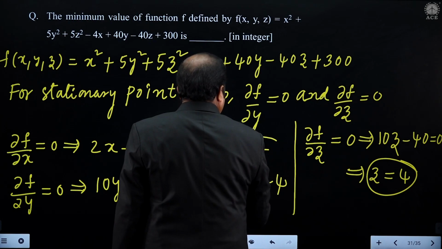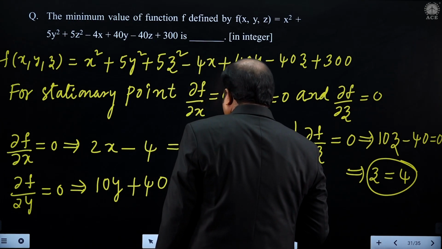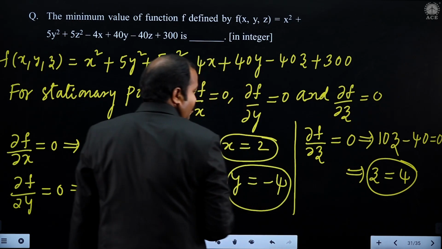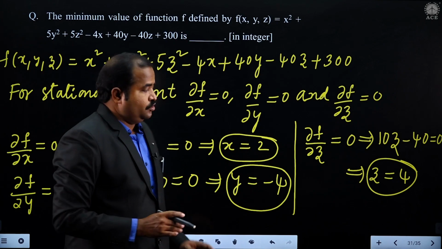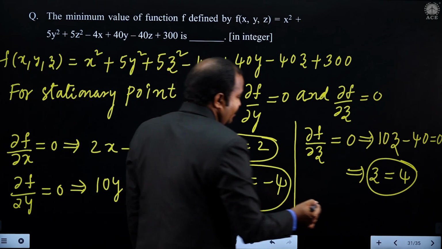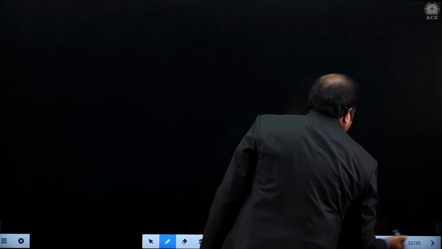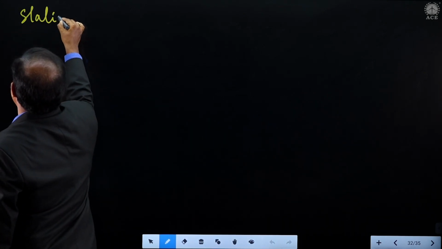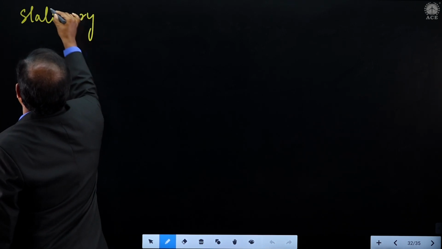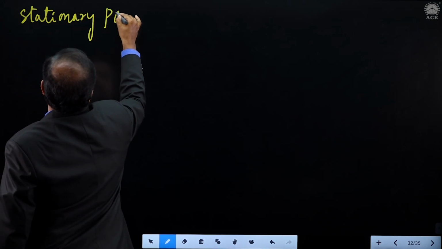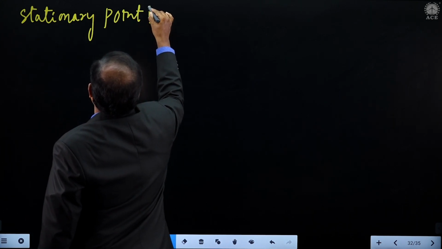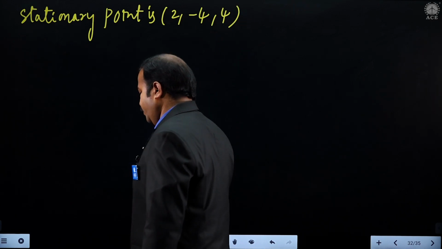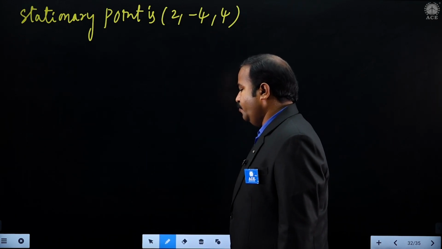So x equal to 2, y equal to minus 4, and z equal to 4. So the stationary point has been obtained. Therefore the stationary point is (2, -4, 4): x value 2, y value minus 4, and z value 4 only.